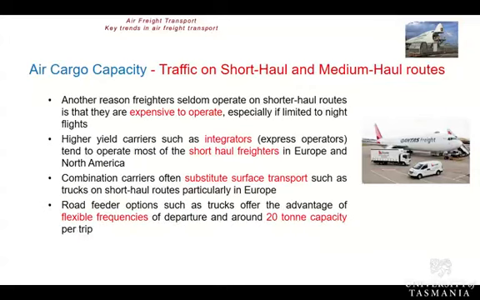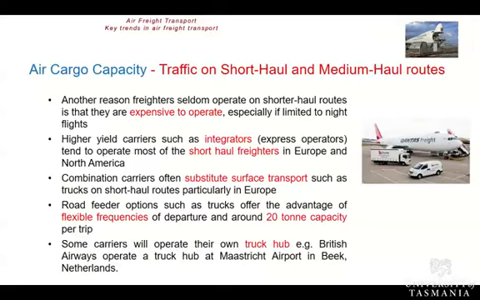In some cases, road feeder options such as trucks present a really good opportunity because not only do they have a significant payload of 20 tonnes, but also they've got a flexible frequency, so they can depart at any time. Some carriers have even gone to the point of having their own truck hub, where, for example, British Airways operate a truck hub in the Netherlands.